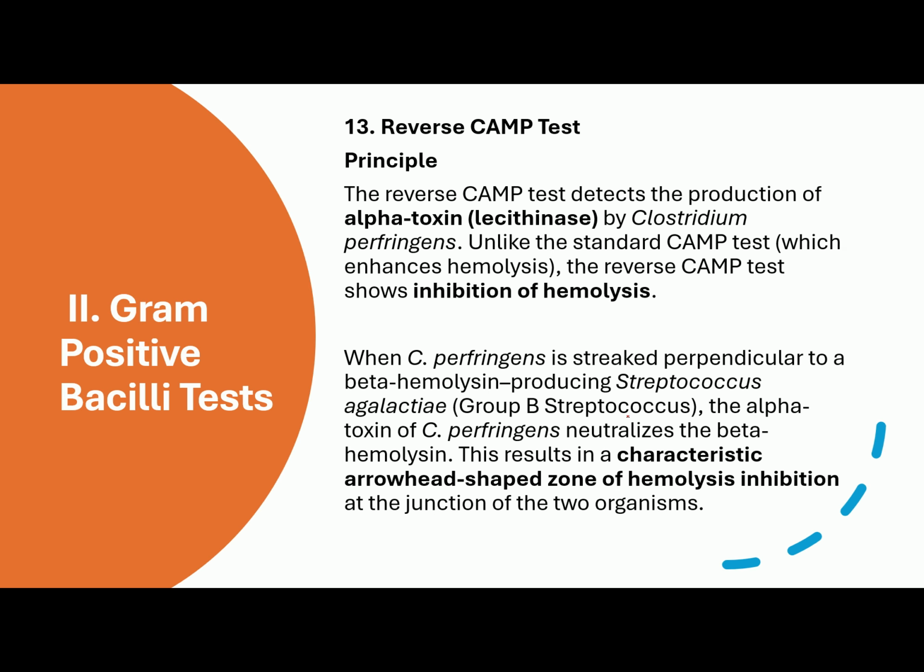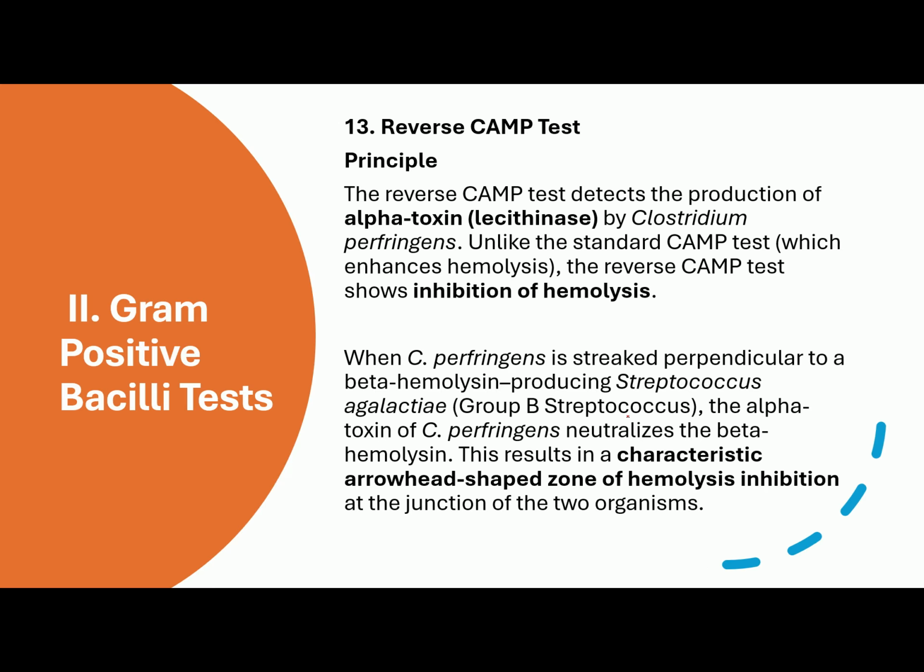And the last test for gram-positive bacilli, class, is yung reverse CAMP test. If you still remember yung CAMP test nyo for the gram-positive cocci, meron naman this time yung reverse. The reverse CAMP test detects the production of lecithinase by Clostridium perfringens. Unlike the standard CAMP test, which enhances hemolysis, the reverse CAMP test shows inhibition of hemolysis.